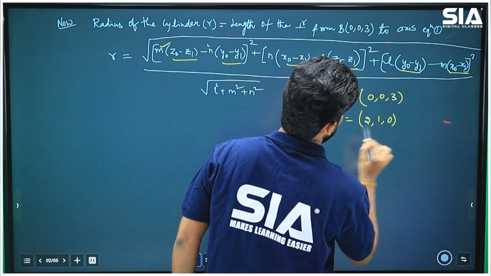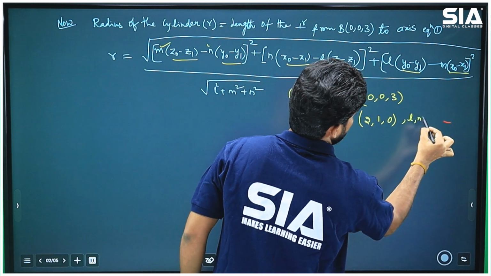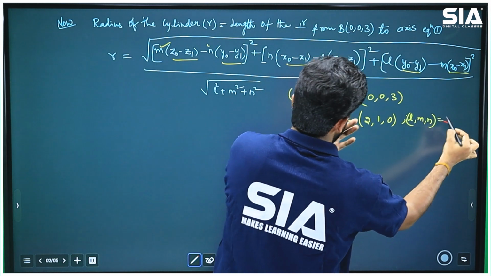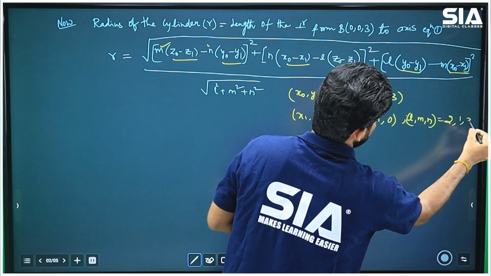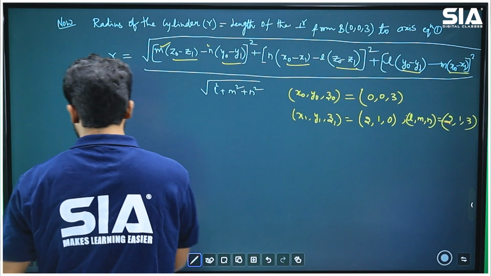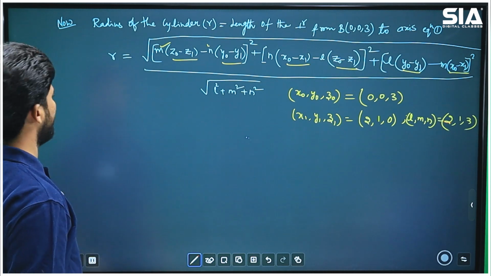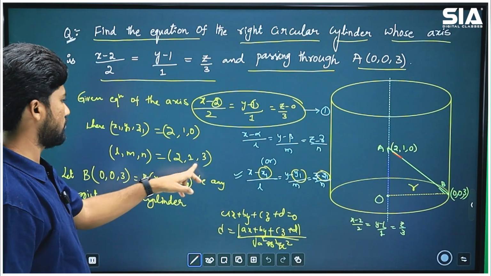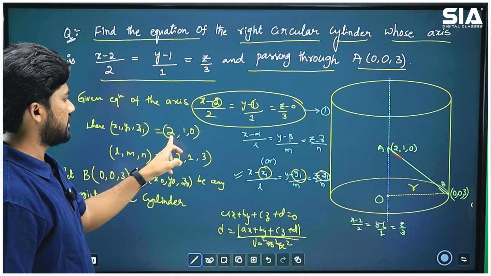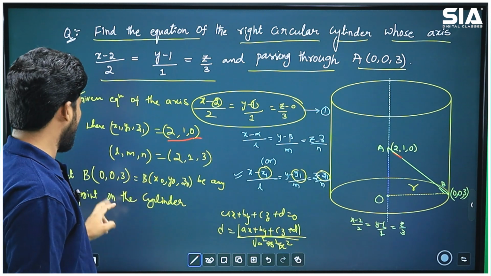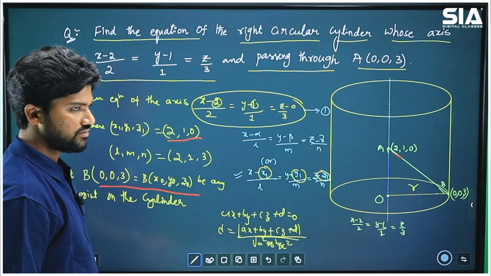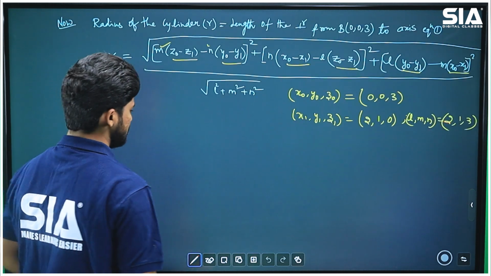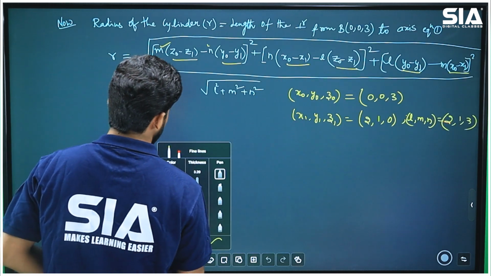And what are l, m, n? The values are 2, 1, 3. So in this format you have to remember the values: l, m, n is 2, 1, 3; x1, y1, z1 is (2, 1, 0); and x0, y0, z0 is (0, 0, 3). Now with the help of these values, substitute and simplify, and you will get the value of small r.